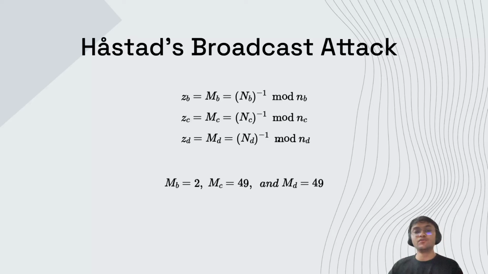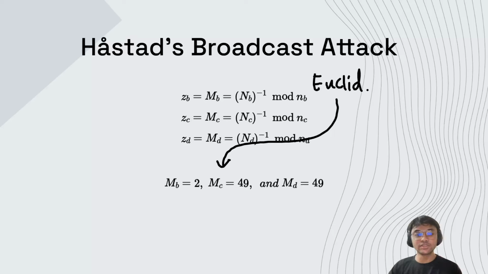Now, we can calculate these inverses using the extended Euclidean algorithm. And once we have it, we have those values as 2, 49, and 49 by coincidence. MC and MD are 49 by coincidence, the same values.